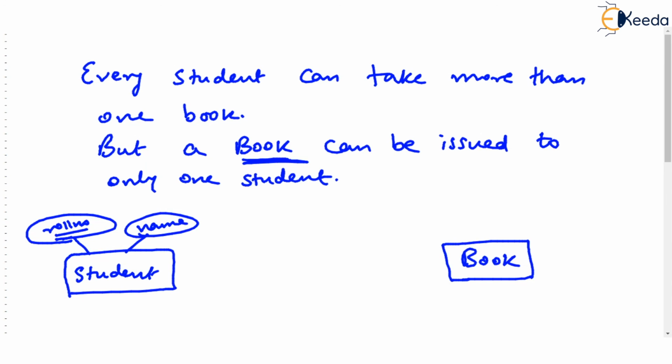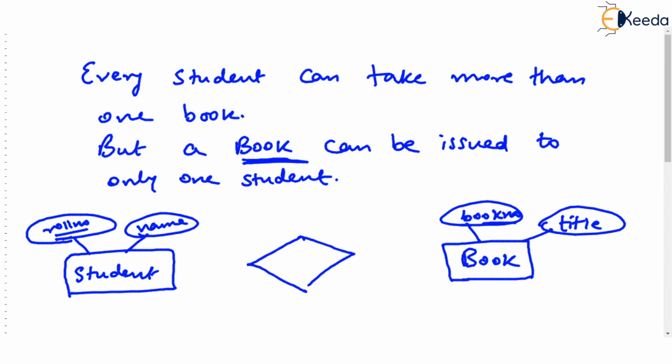I am not wasting our time in drawing attributes. Every book will have book number, a unique number given by the librarian, then title of the book, author, and so on. But these two entities are related with a relation called student borrows book.